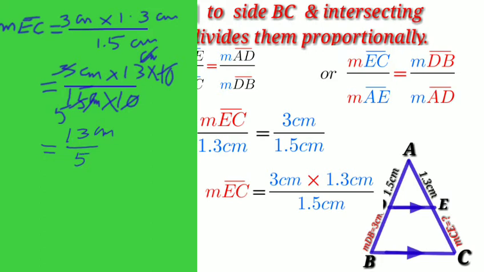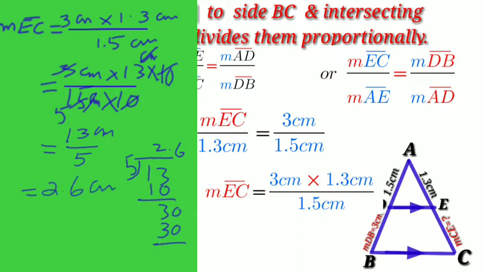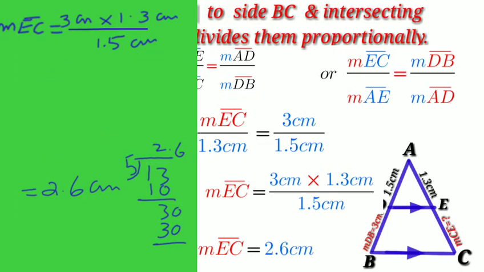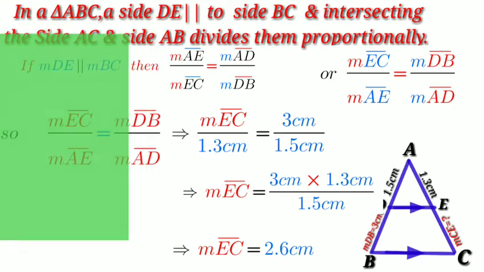On dividing 13 centimeter by 5, it is 2.6 centimeter. So the value of side EC is equal to 2.6 centimeter.